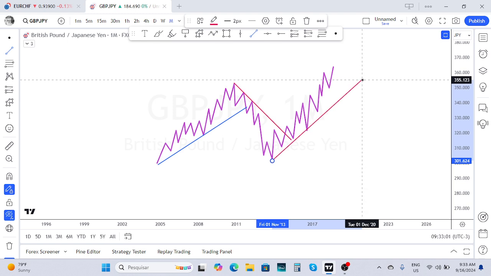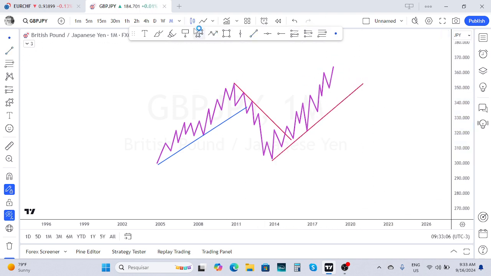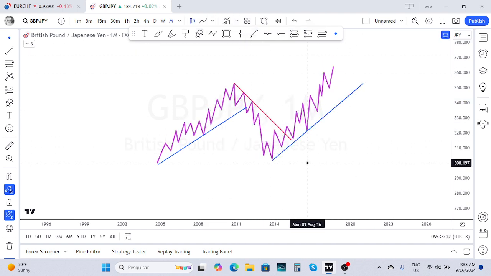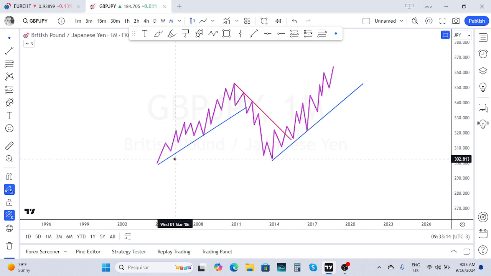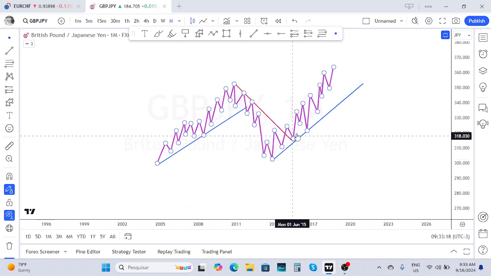So we have all of this. This is how the market works that I have personally seen. This is how the market starts the trend initially. First of all, we have the first uptrend, we have the downtrend, we have another uptrend.